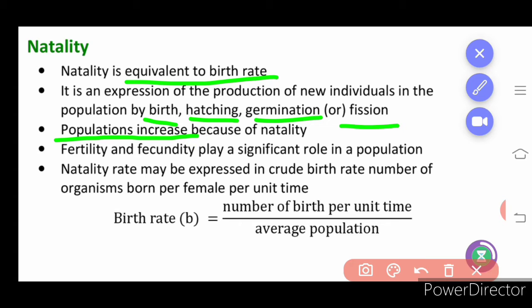That is what is called as natality. So then the natality rate may be expressed in crude birth rate, number of organisms born per female per unit time. Okay, so number of births per unit time by average population, that gives a definition for birth rate.